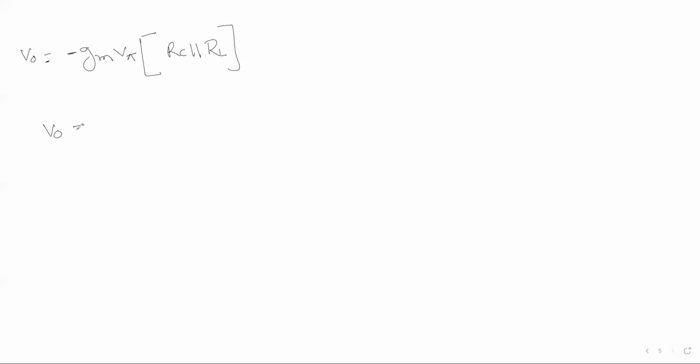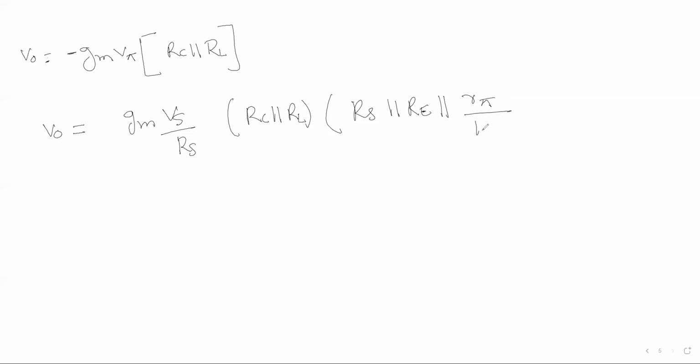V naught is equal to gm, again minus minus plus, Vs upon Rs, with RC parallel with RL, and Rs parallel with Re parallel with R pi by (1 plus beta).